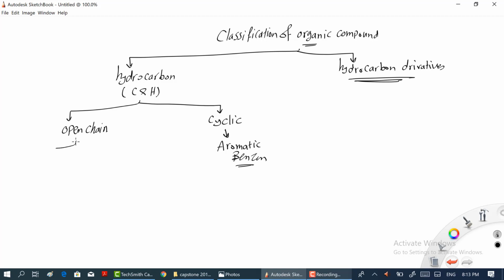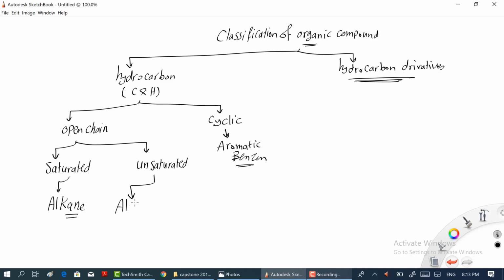Open chain may be saturated, may be unsaturated. Saturated: alkane. Unsaturated: alkene, alkyne.